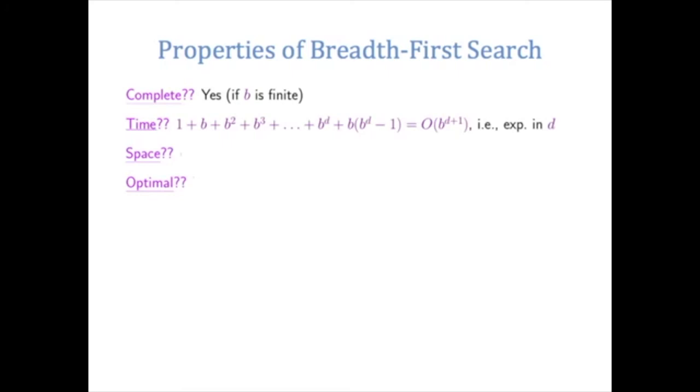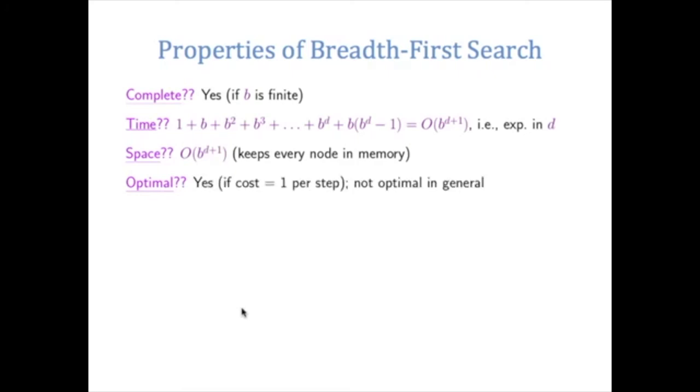How about space? Well, again, it's the same thing. It's order of the branching factor to the d plus 1, because we have to keep every node in memory. Now, in terms of optimality, well, by golly, yes, it is optimal if each cost is 1 unit per step. But it's not optimal in general. Why is that?